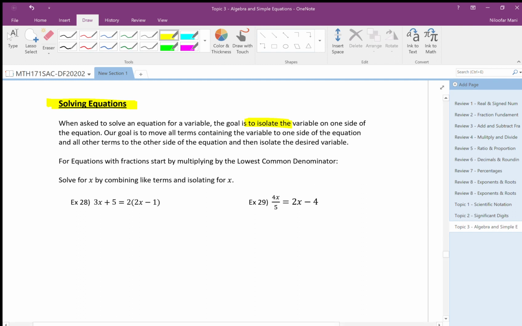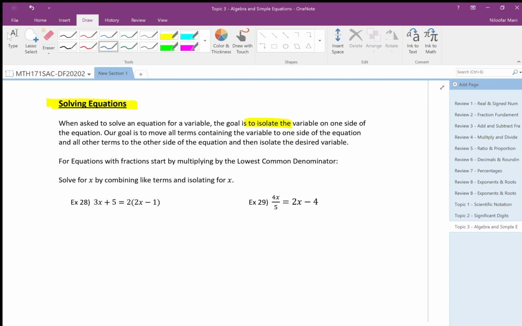So if I give you one equation that has x and numbers and I want you to solve it for x, I want you to isolate x, which means I want to see x alone on one side. And if I give you one equation with x, y and z and other numbers, and I want you to solve it for x, again I want to see x on one side and everything else on the other side.